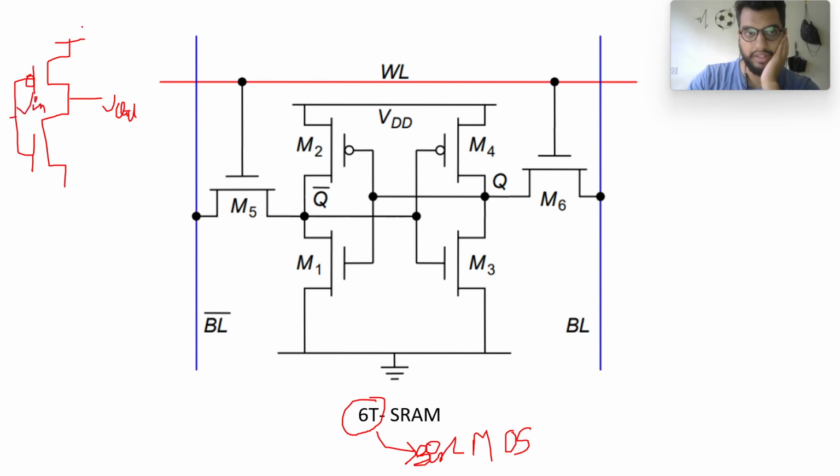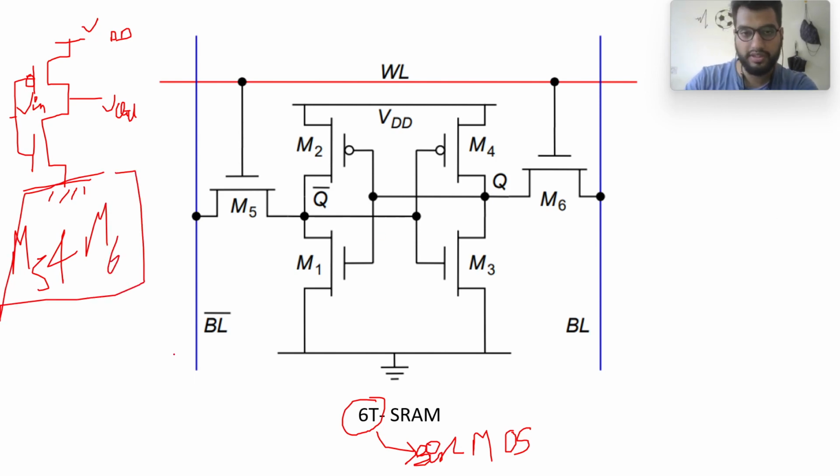This is your supply VDD, and this is ground. So this is your CMOS inverter, and here you have two inverters: M1, M2 forming one inverter, and M3 and M4 forming another inverter. These are your storage nodes, and these are connected to the bit lines via the access or pass transistors M5 and M6. These are NMOS transistors, right?